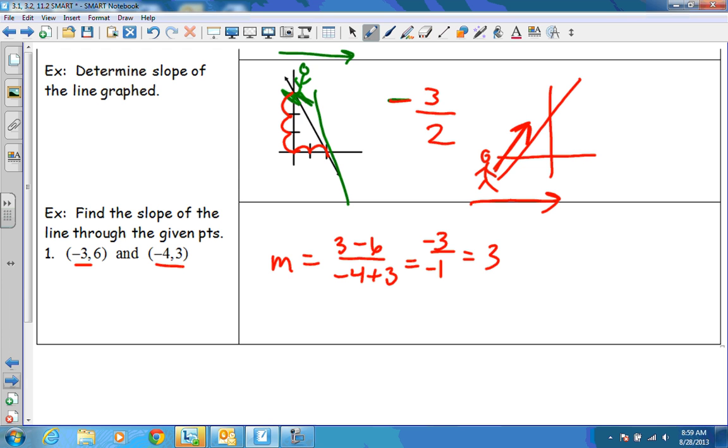Go do 2 and 3, and if you have questions, I'll come around and help. Work on 2 and 3.